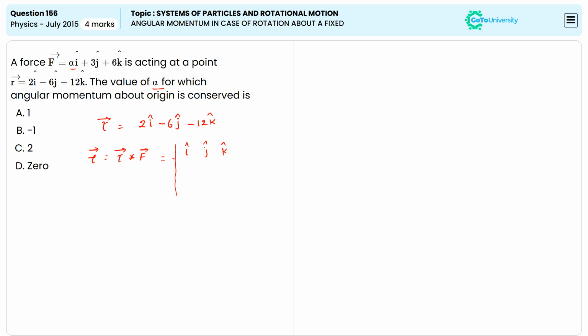The values are R equal to 2, minus 6 and minus 12, and F is alpha, 3 and 6.